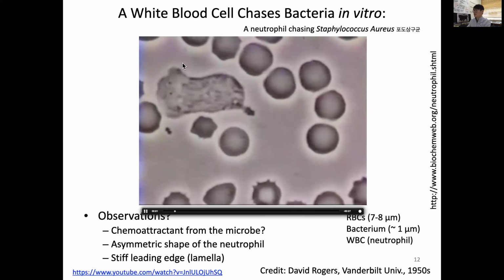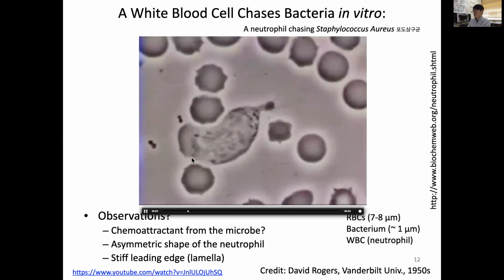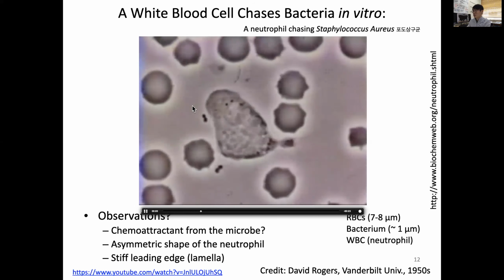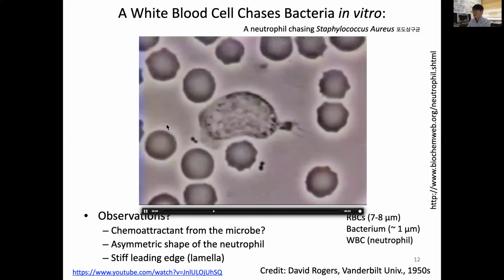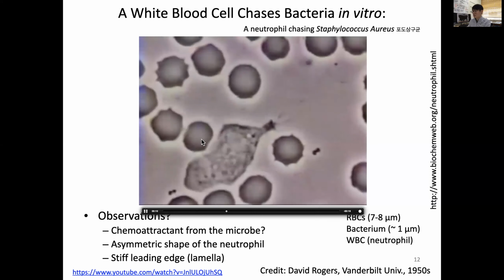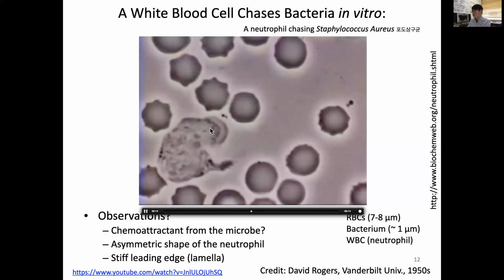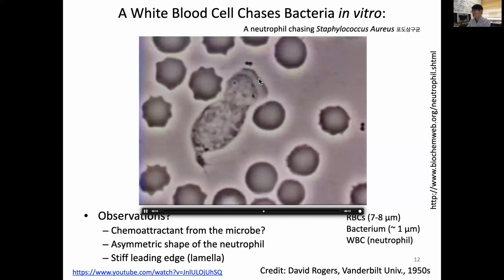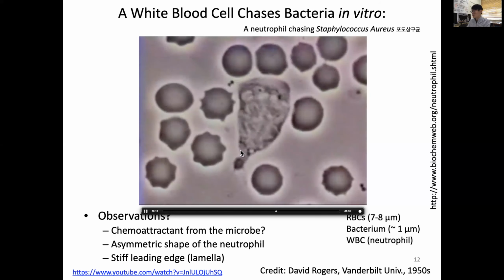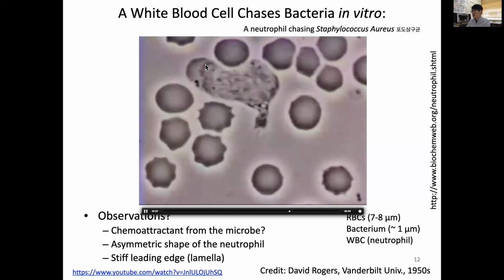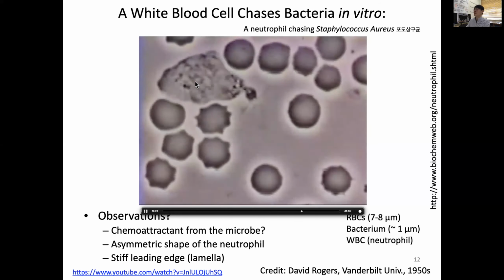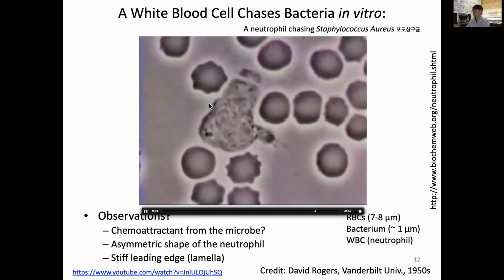Look at that, this ruffling on the side, and it knows where the bacterium is, and it keeps pushing the nearby RBCs, which it neglects, only looking for the bacterium. It changes its leading edge direction while there's a tail on the back, until it engulfs that bacterium and it slows down.